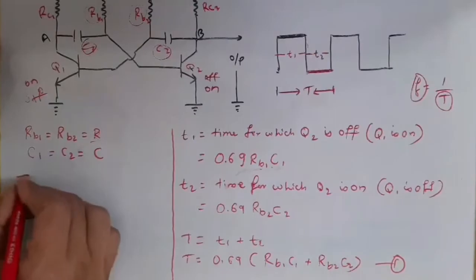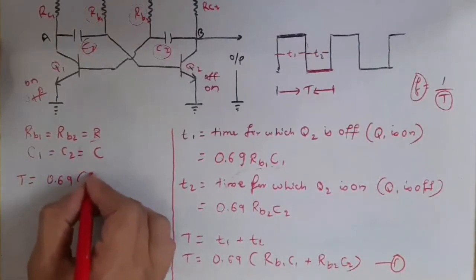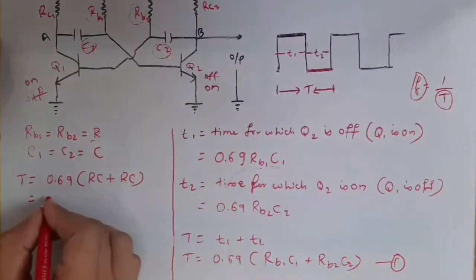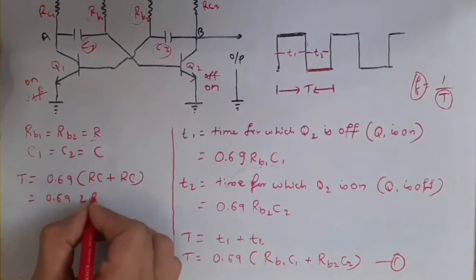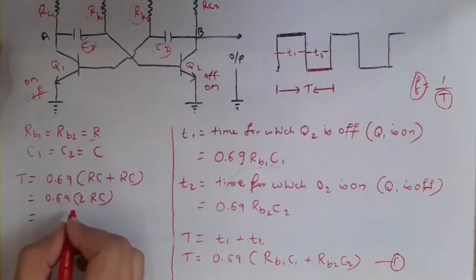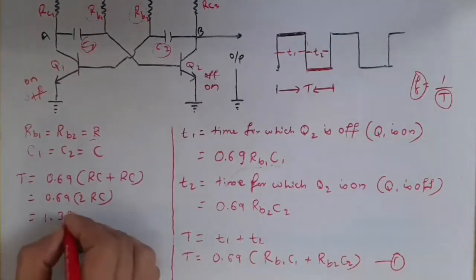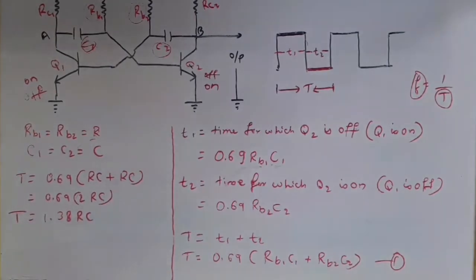T equals 0.69 into RC plus RC. It will be 2RC, so 0.69 times 2R into C. Now if you multiply this, you will get its value 1.38 RC. This is the total time for one wave.